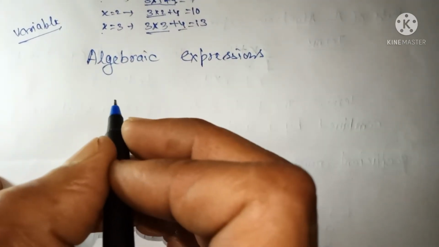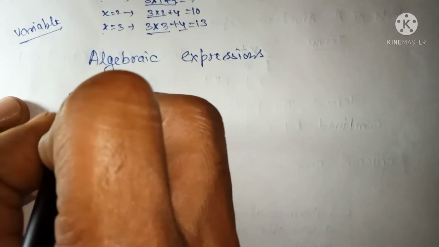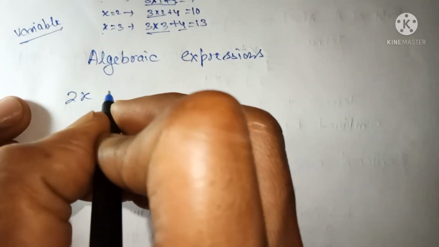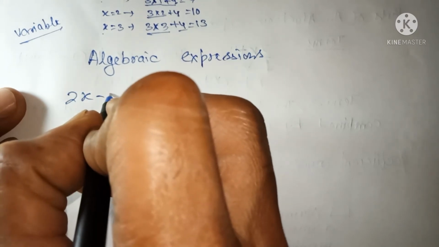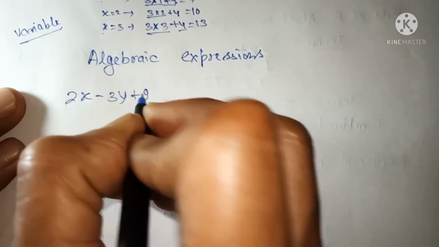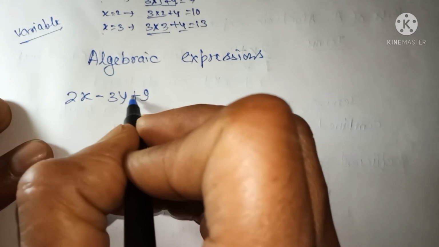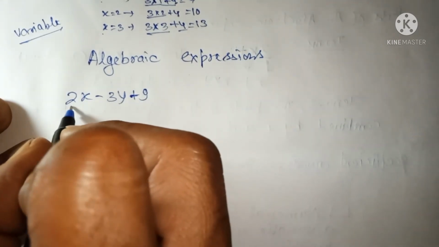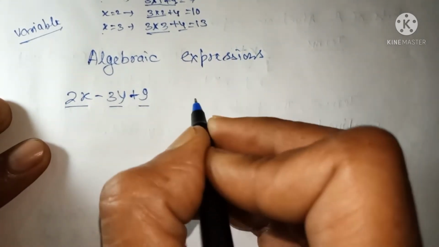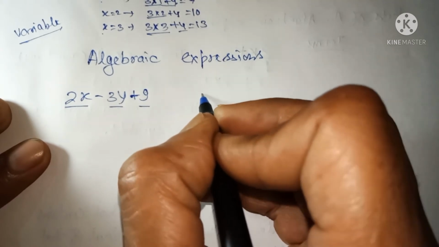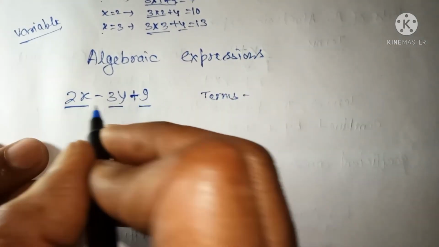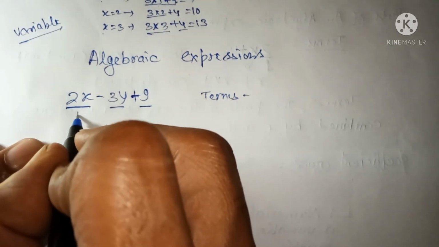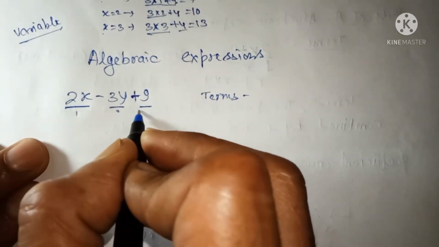Let us take some more examples of algebraic expressions. 2x minus 3y plus 9. This is an algebraic expression having how many terms? Can you tell me how many terms there are? There are 3 terms: first, second and third.